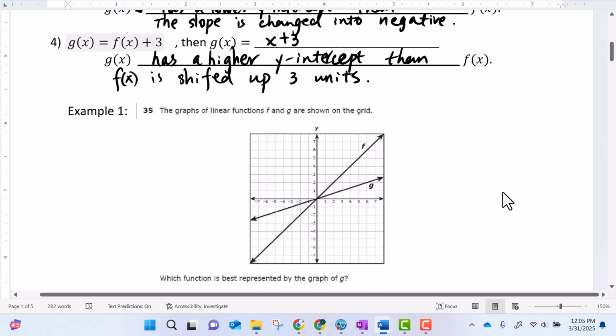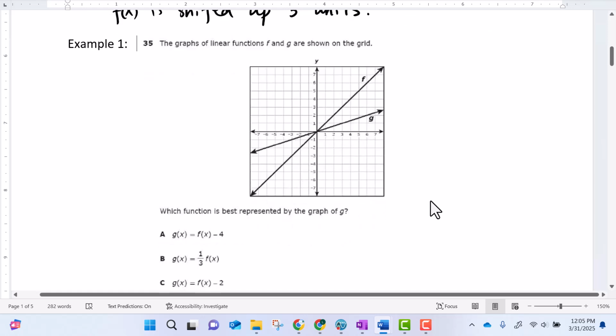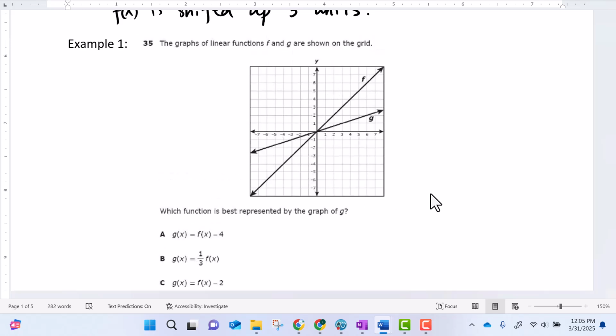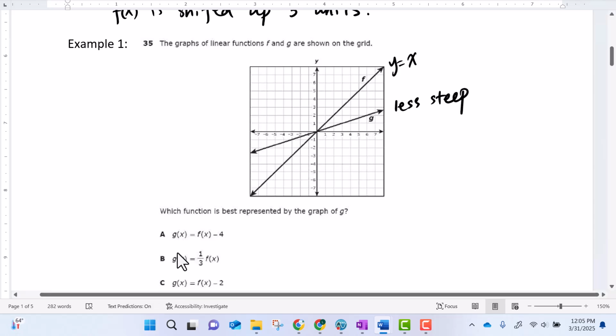Now let's go to some examples. We are given these 2 graphs, f and g. Which function is best represented by graph of g? You could say, compared to this f of x, g of x is less steep than f of x.